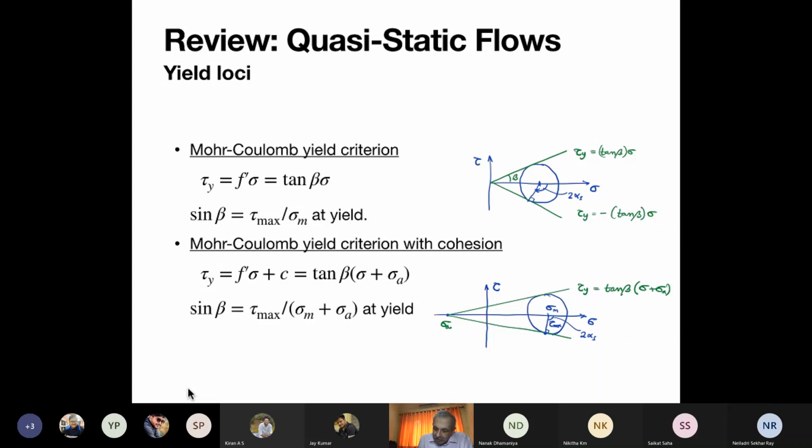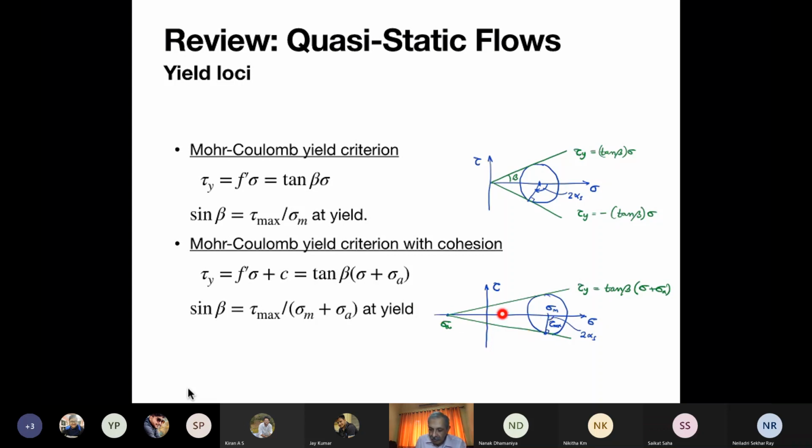And so here, if you just look at this, you see that your shear yield stress is 0, not at sigma equal to 0, but at sigma equal to minus sigma a. So you have a sort of tensile force that is acting, but otherwise it's the same.